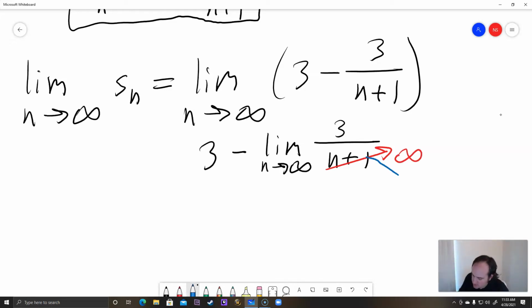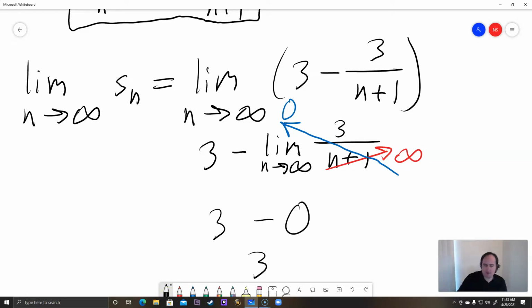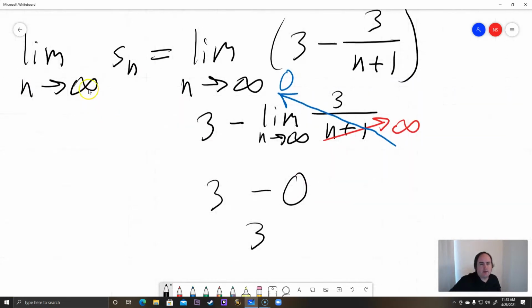So because the denominator is infinitely large, the second term is going to go to 0. So really we just have 3 minus 0, which is 3. And what we just found there, the limit of the partial sum, is the same as the series sum.